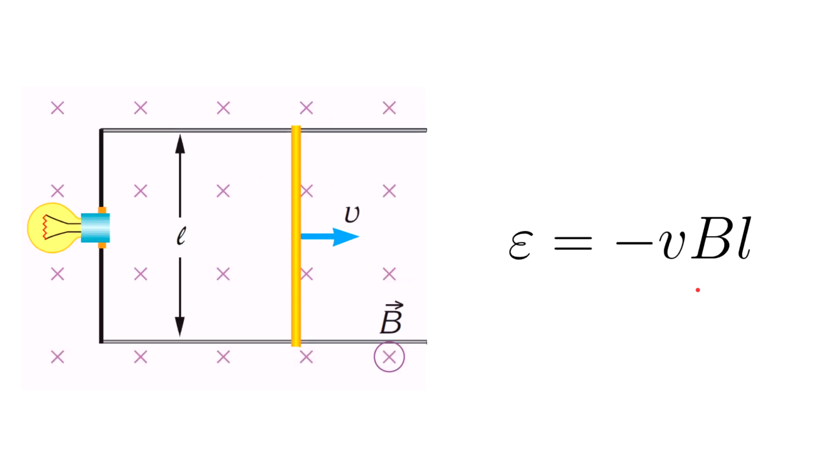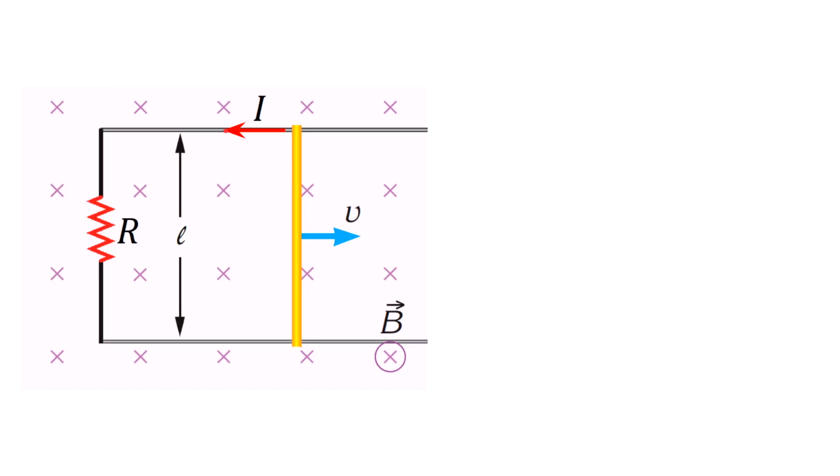So we have an expression for the induced voltage at the end of the conductor moving through a magnetic field, but with the minus sign. And the minus sign is no more than a reminder that the induced current is always opposite to the direction of the motion. So we see here, for example, the conductor is moving to the right, and it means that the current here is to the left.